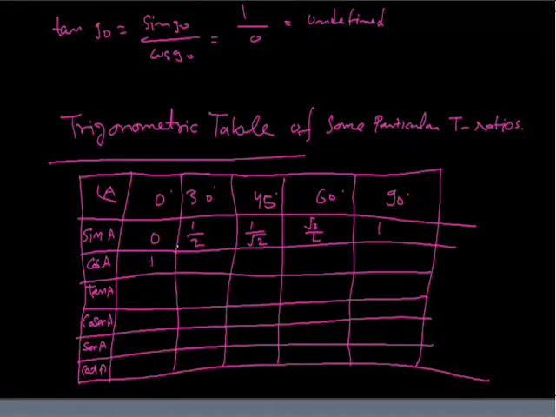Cos 0 is 1, cos 30 is root 3 upon 2, cos 45 is 1 upon root 2, cos 60 is 1 upon 2, and cos 90 is 0.